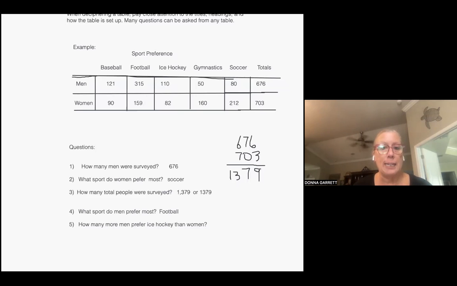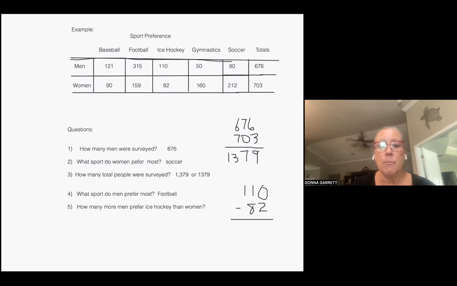So we go to ice hockey and we look at the men. There's 110 men who prefer ice hockey, and there are 82 women who prefer ice hockey. So we would have to subtract them. Again, we'll be working on this tomorrow. I'll give you a preview.